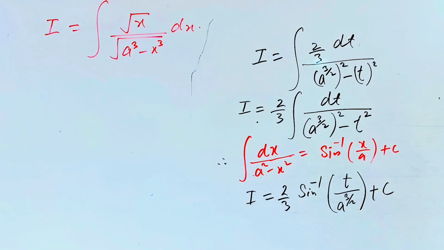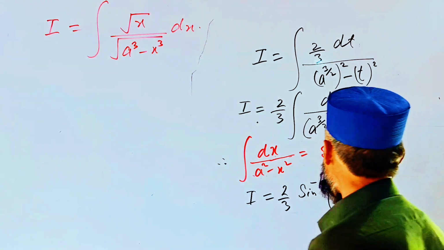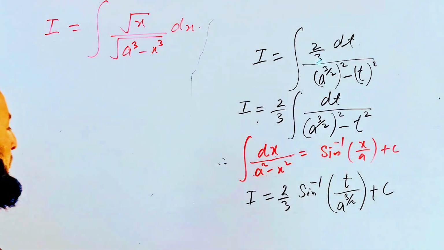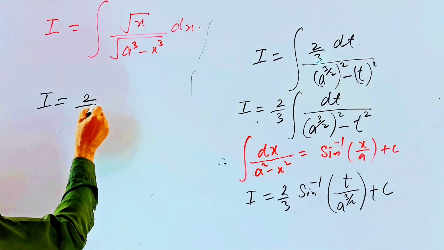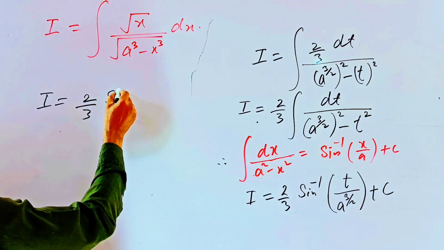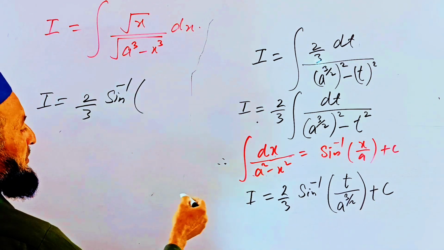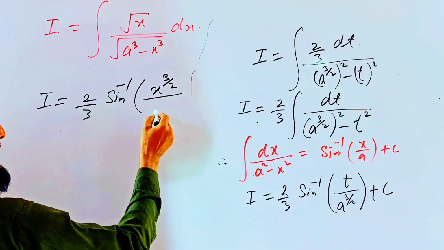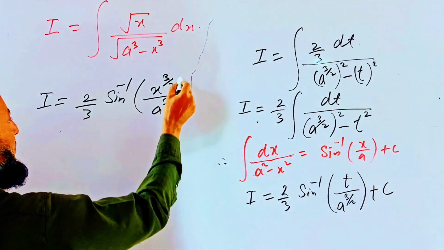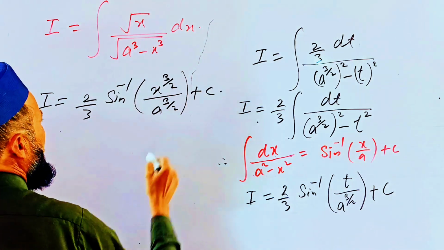Now we put the result of substitution: I is equal to 2/3 sine inverse t. In the place of t we put here x^(3/2) over a^(3/2) plus c.